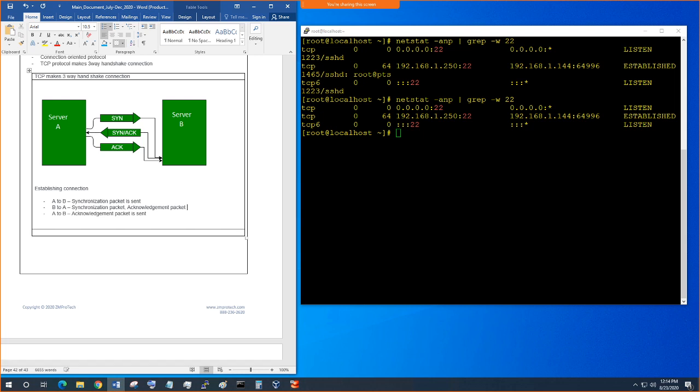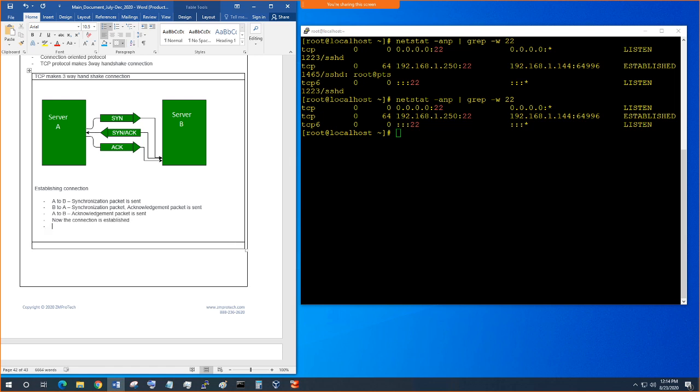Server A is sending one, then acknowledging after it receives. It's just a communication, right? Okay, and now the connection is established. All this is happening in a fraction of a second.